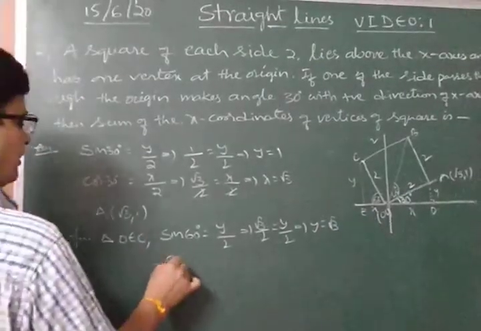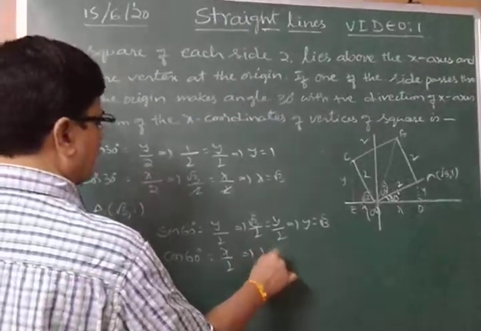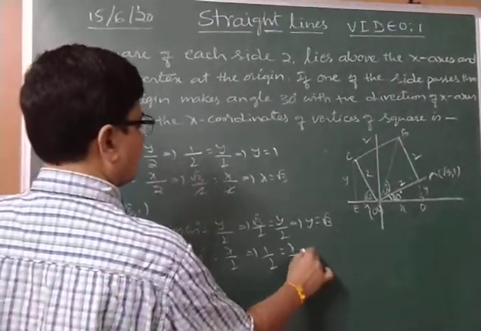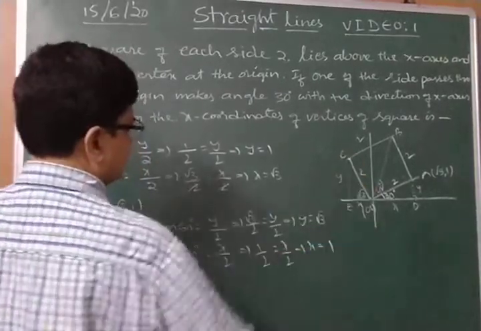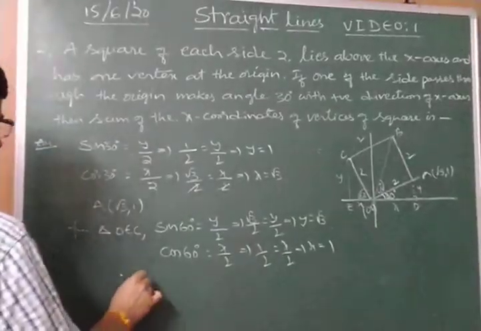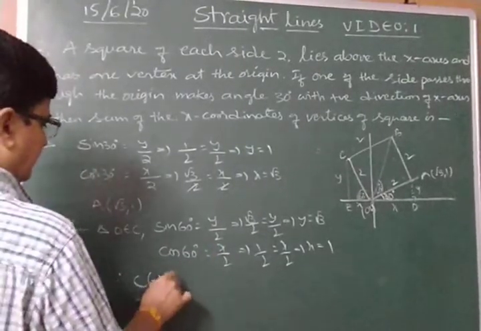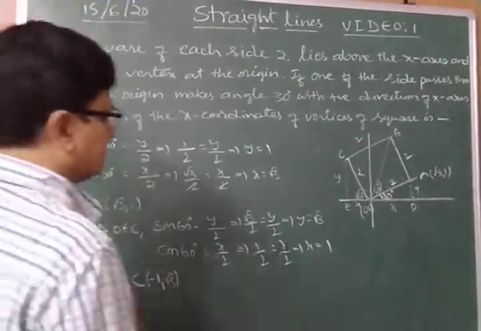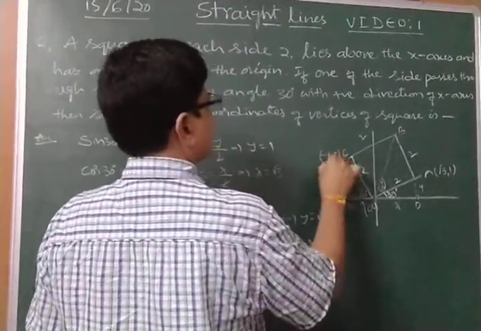And cos 60 degrees is equal to adjacent by 2, that is 1 by 2 is equal to x by 2. That implies x is equal to 1. But the point C lies in the second quadrant. So therefore the coordinates of C are (-1, root 3).